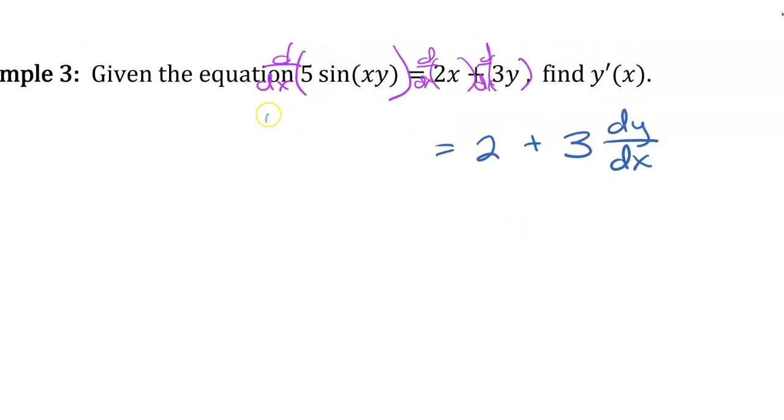So let's see here. If u is xy, then the derivative would be the product rule, right? So u prime would be f prime g plus f g prime, so f prime g plus f g prime dy dx.